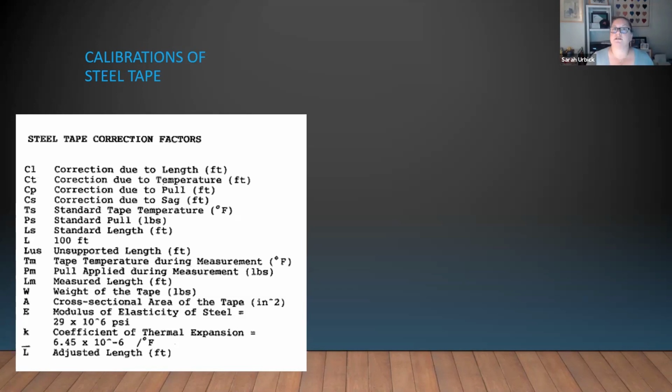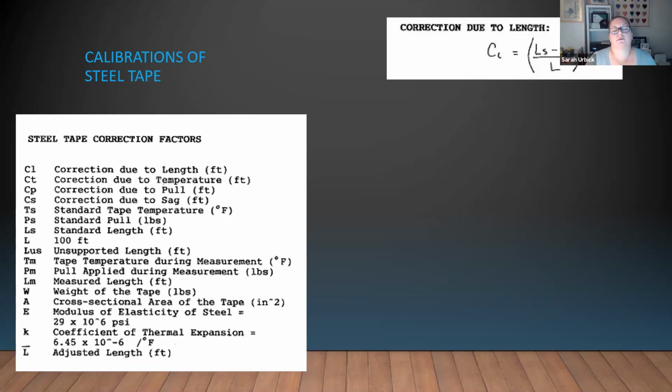You'll use these in your field books, in your notebooks. Length, L, typically 100 because we use 100-foot tapes. So the correction due to length, C sub L, based on this factor, is our standard length minus our tape length, divided by our tape length, multiplied by the measured length.